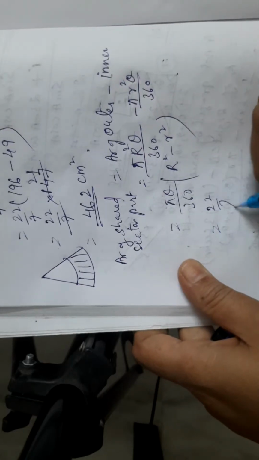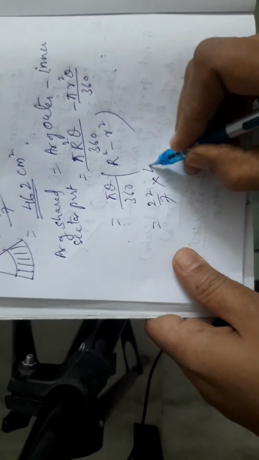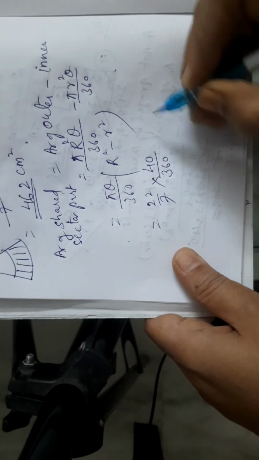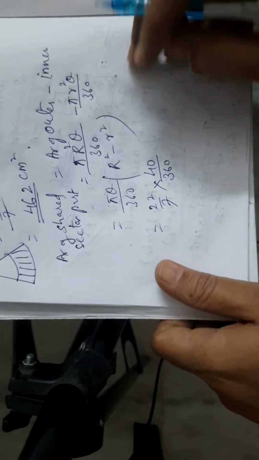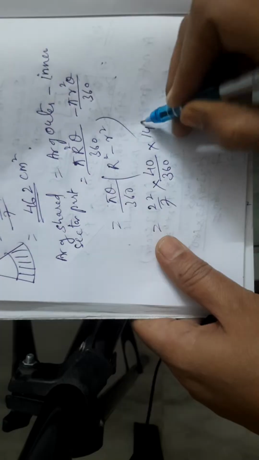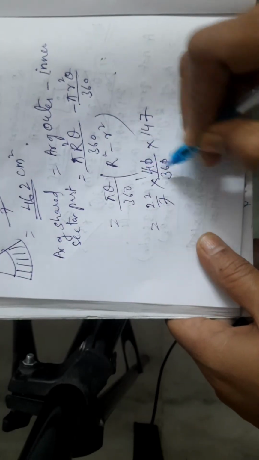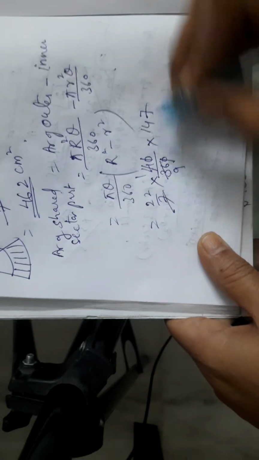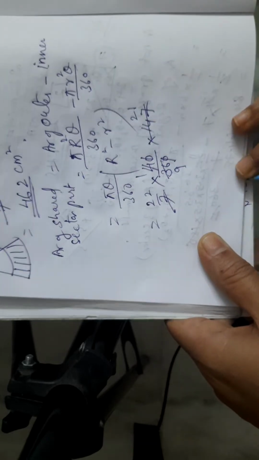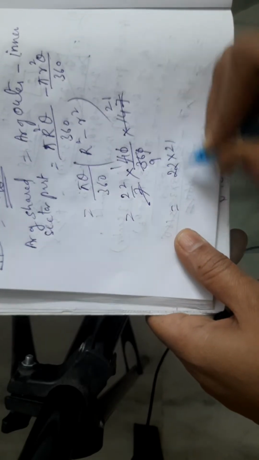Pi is 22 by 7, theta is given as 40 upon 360, and R square minus r square we already calculated, so I am using it directly, it's 147. The zeros got cancelled, 4 9s are 36, 7 2s are 14, 7 1s are 7. So overall we got the answer as 22 multiplied by 21 upon 9.